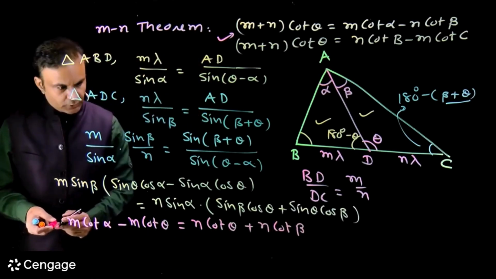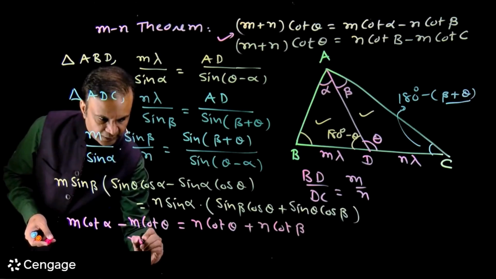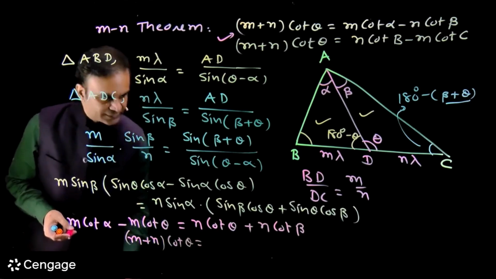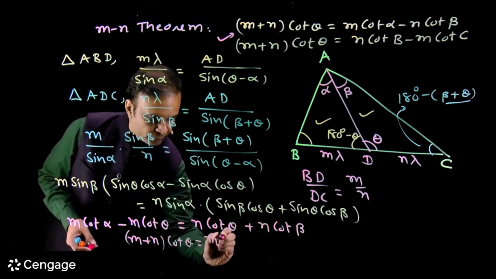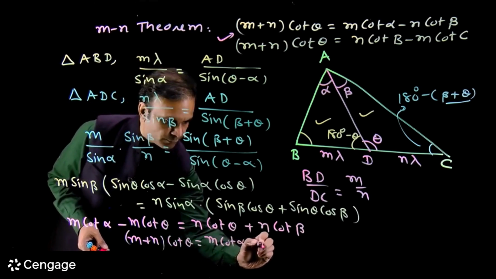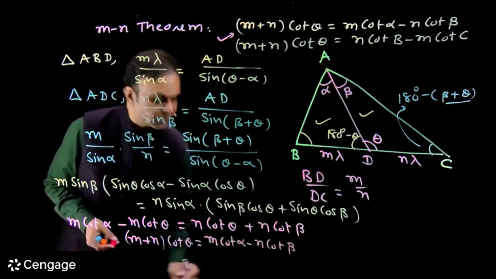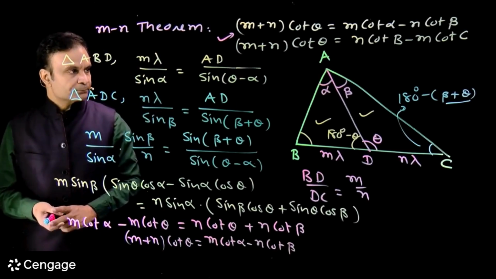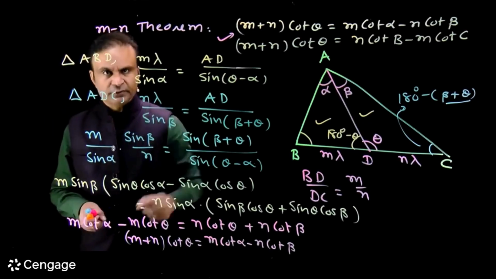So from this we get (m plus n) cot theta equal to m cot alpha minus n cot beta. So this is the first formula for the Mn theorem.